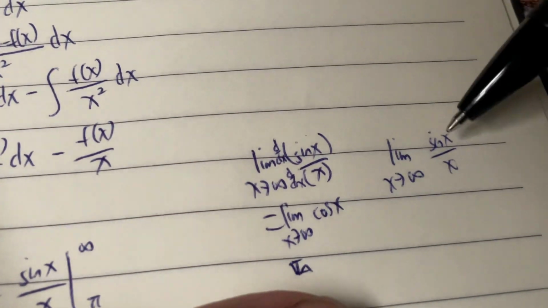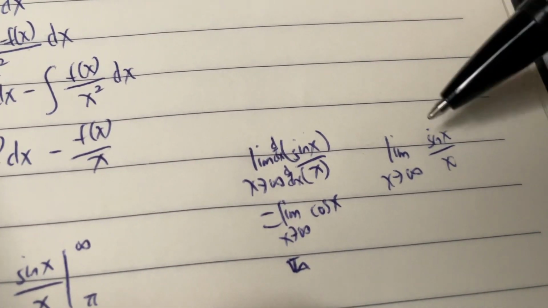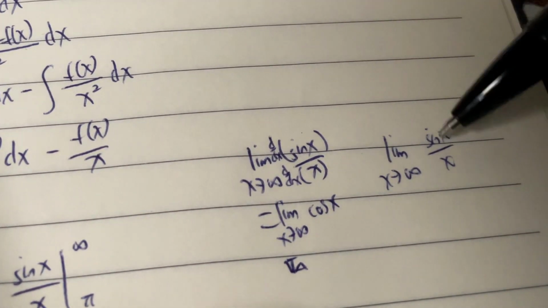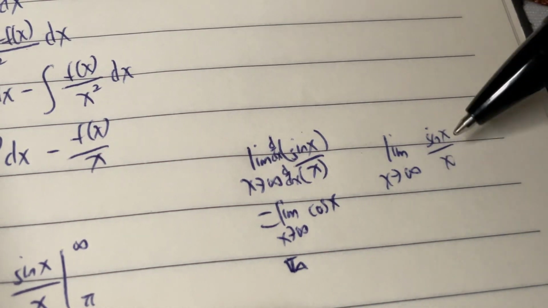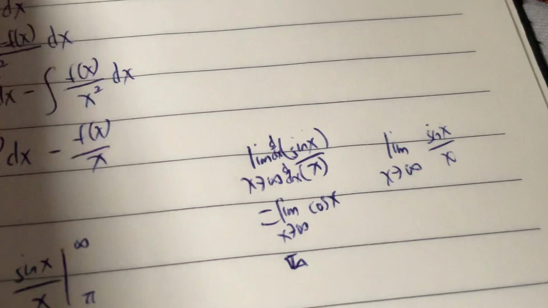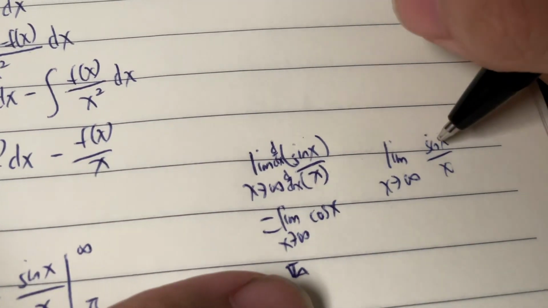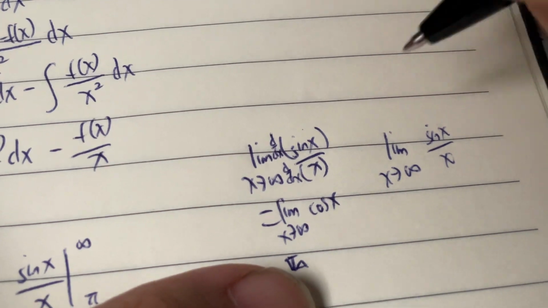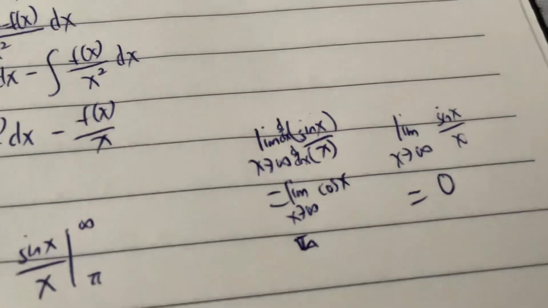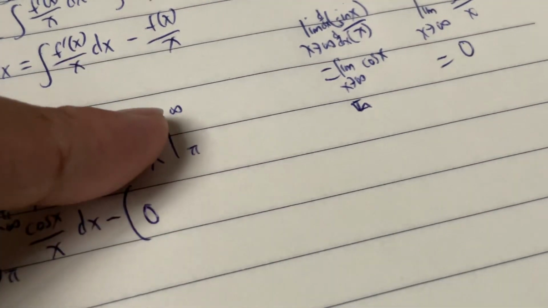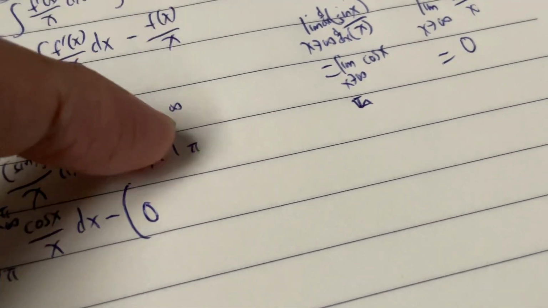So a number divided by infinity, because sin x is way smaller than x, a really small number divided by an extremely big number, this limit you will get 0 like that. Another one, put pi into it, sin pi is just 0, and then 0 over pi you just get 0 as well, so minus 0 like that.